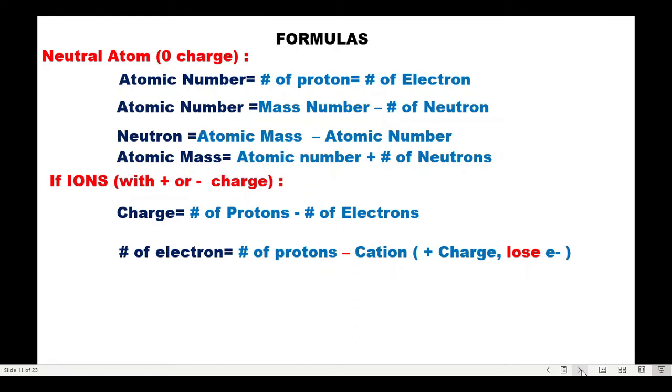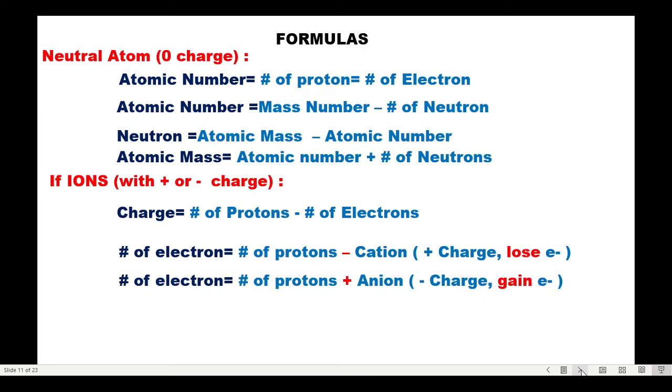Bakit? Kasi cation na may positive charge, it means lose electron. Naglulus siya, nawawalan siya, nagre-remove siya. So, therefore, proton minus cation, kasi lose. Cation loses electron. So, yun yung ibig sabihin kung bakit subtract ang ginamit.